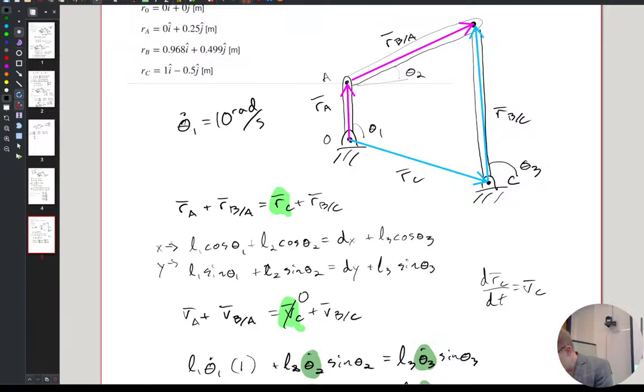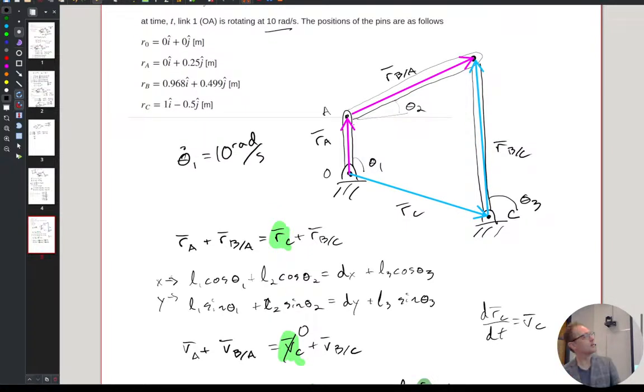When I go from O to A, that's describing L1 cosine theta 1, L1 sine theta 1. I went up by 0.25 and left and right 0. So my cosine has to be 0, but my sine has to be 1.